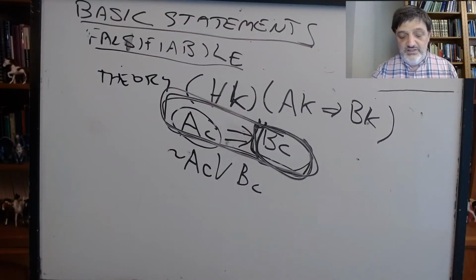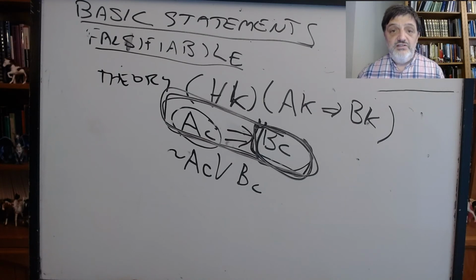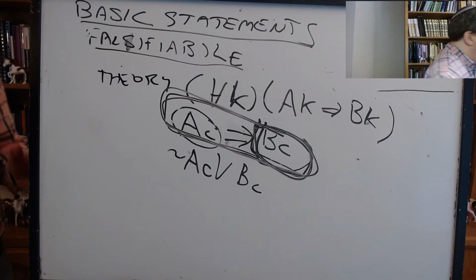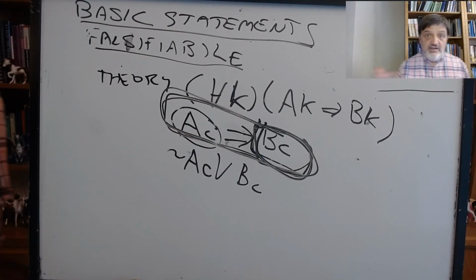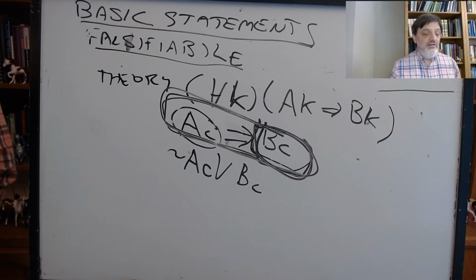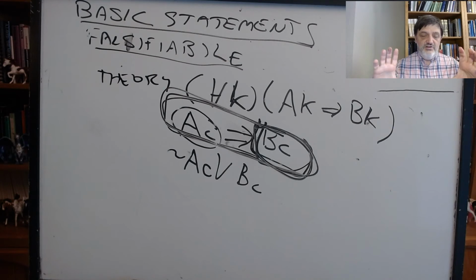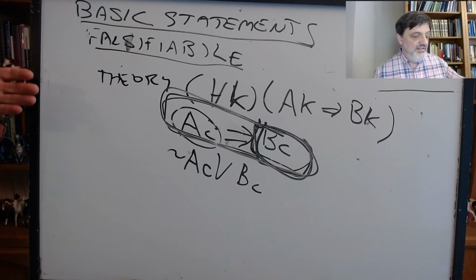So from the initial conditions alone, we can deduce certain singular statements. Like from AC, we can deduce AC, for example. And we can deduce AC and BC or not BC and all kinds of other statements just from AC by itself.